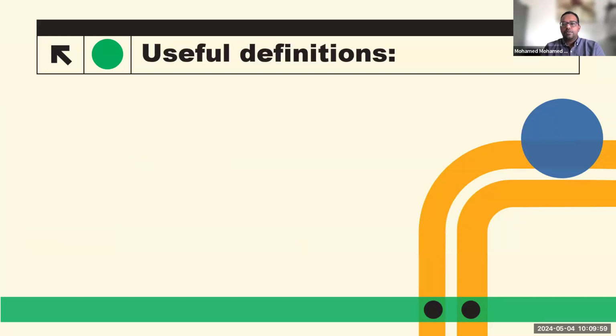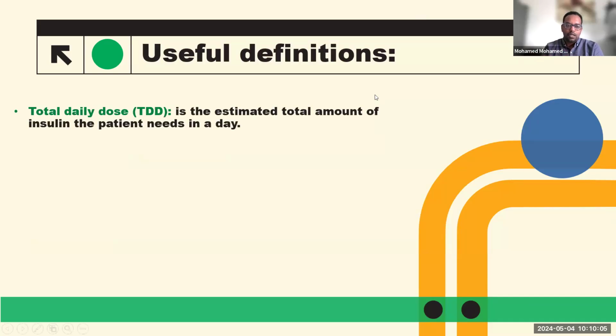For prescribed insulin, there are a few terms and definitions that are helpful and good to know. One of them is total daily dose. So total daily dose is the estimated total amount of insulin that your body needs to function, basically. And it is both the basal insulin and the bolus insulin.